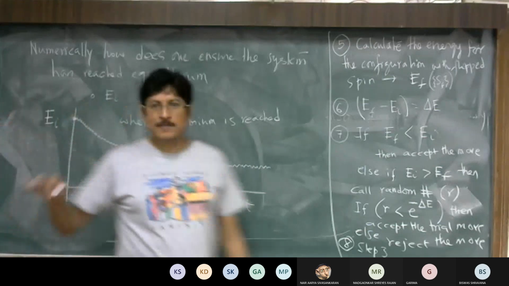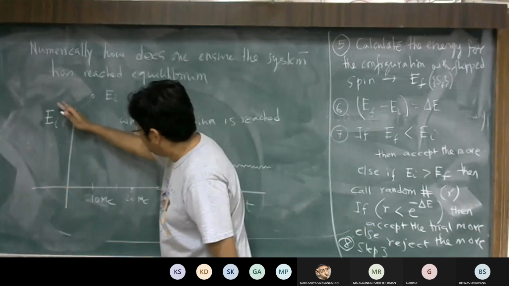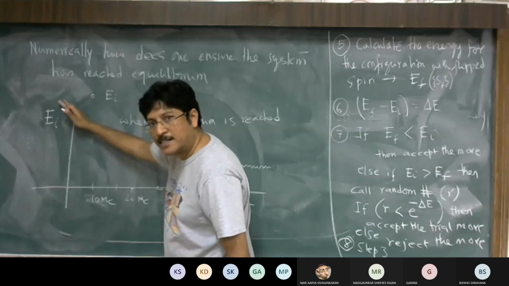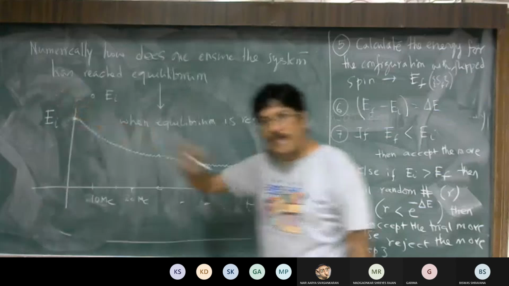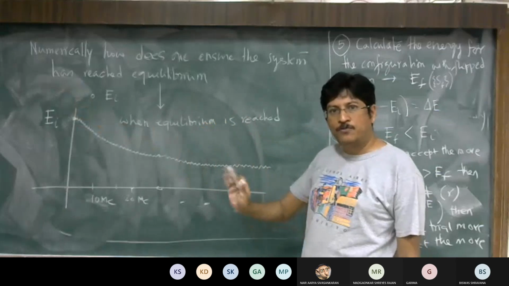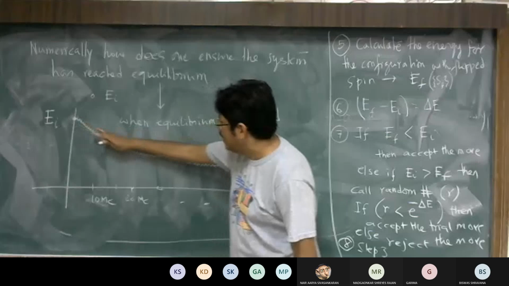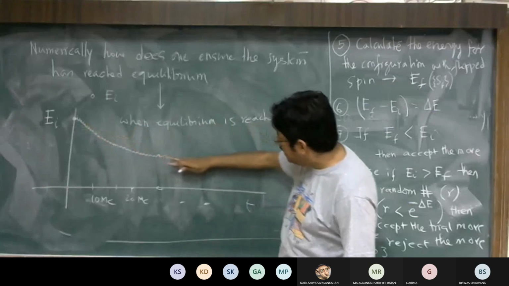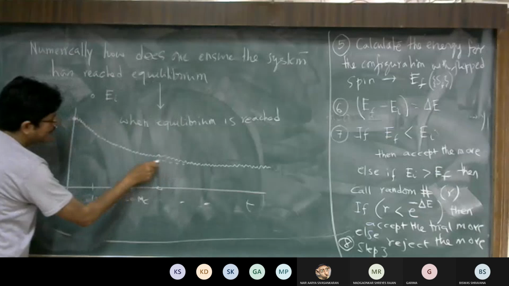Here I have shown typically a configuration where the energy has started from a high value, whatever your random initial configuration is. As you keep on doing this trial move a large number of times, it will keep on fluctuating at each time step, but typically it would settle down asymptotically to some value.